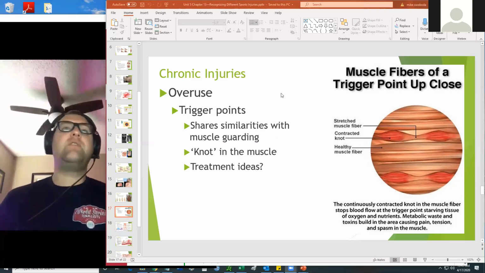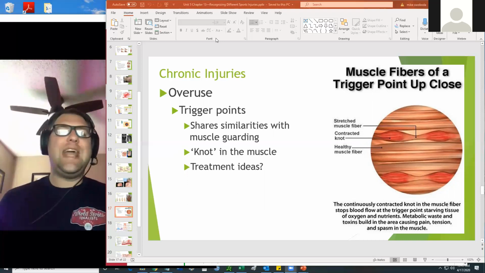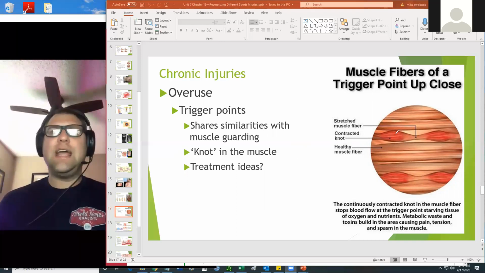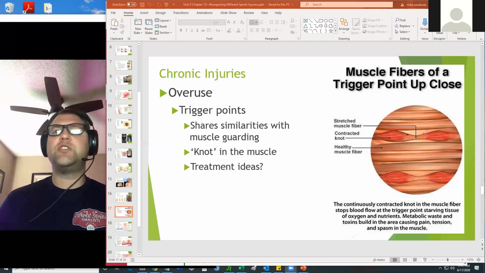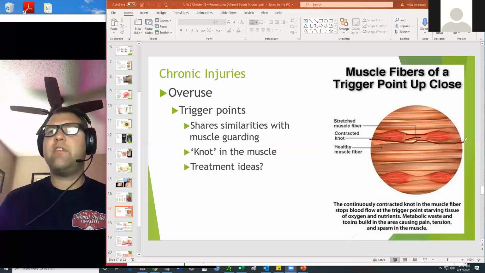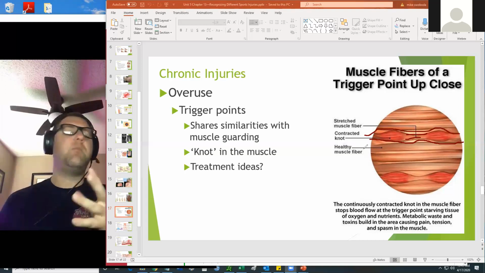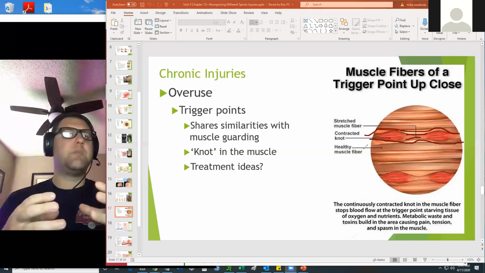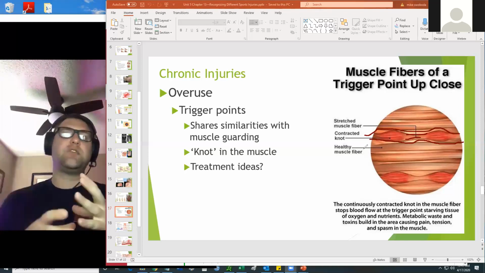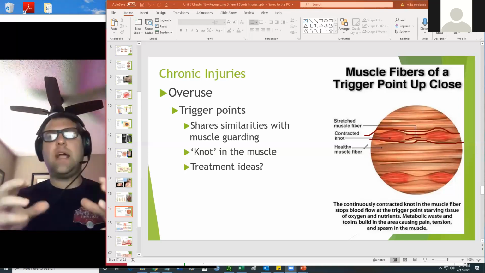When you have a knot, what has happened here is that you get a muscle fiber that stretches out, and then what's not showing here is you have fascia lining all of your muscle fibers. Fascia is like a cobweb type connective tissue that surrounds all your muscle fibers and your muscle bellies as well. It acts to give it structure and support.